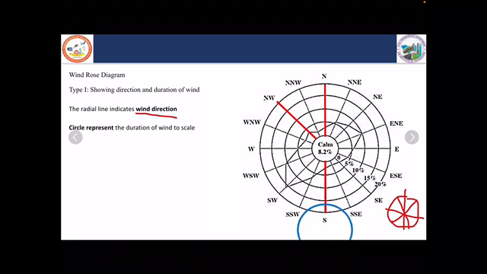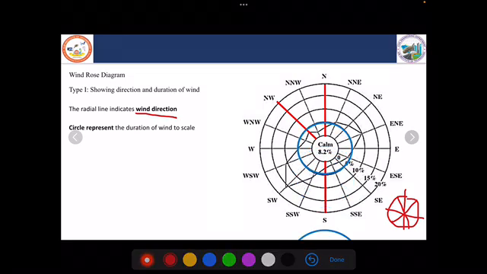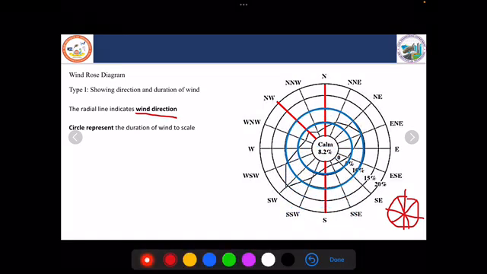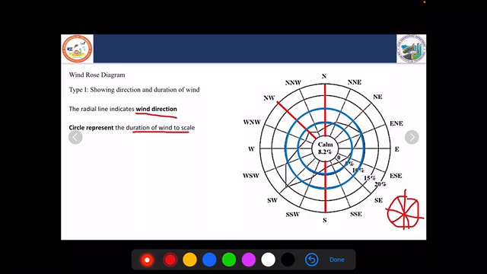The next components are the concentric circles. All these concentric circles represent the wind duration to some scale. Here the first concentric circle represents a wind duration of 0%. What is this wind duration?